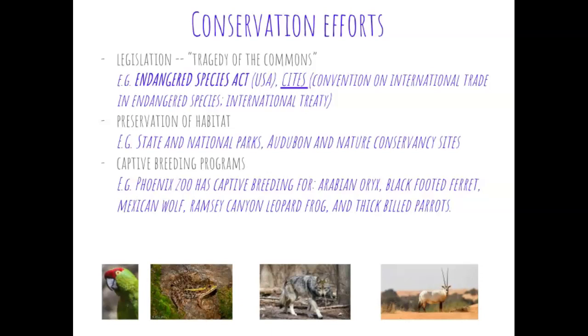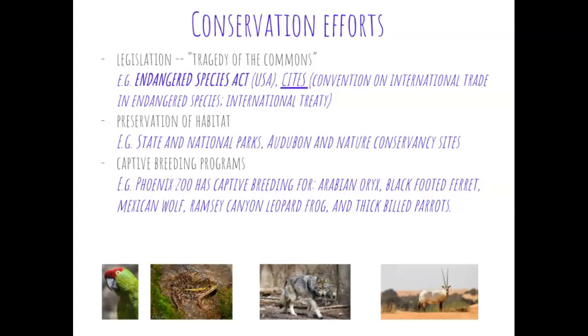There's been some legislation like the Endangered Species Act, which is in the United States, that makes rules on how the habitats where endangered species live can be used and have to be preserved. That you can't kill endangered species and things like that. And there are very strict regulations on those things, and that has helped quite a bit for some species.